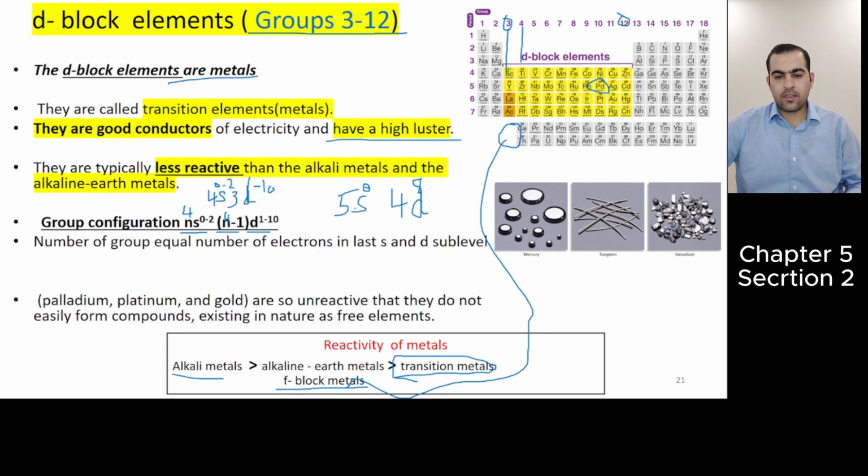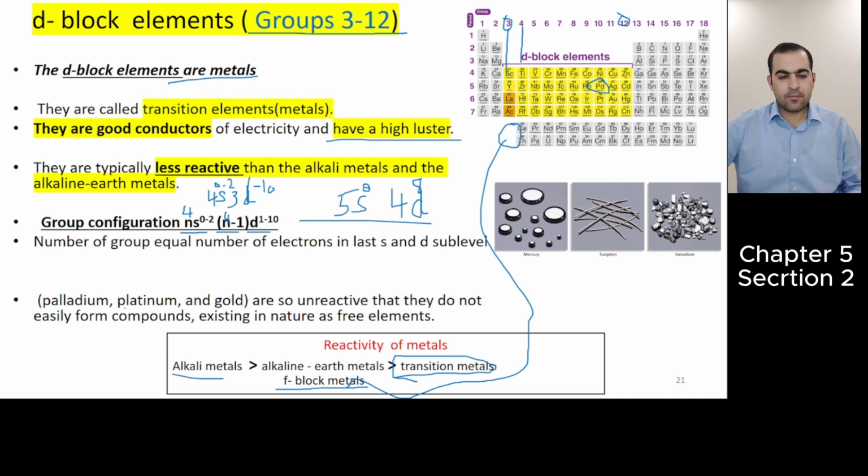That's why for this element S contains 0, and that's why it's written 0 to 2. And D can be 1 to 10. For palladium, we have only 8 electrons in D. Okay, that's the general configuration. I think later you will understand better.